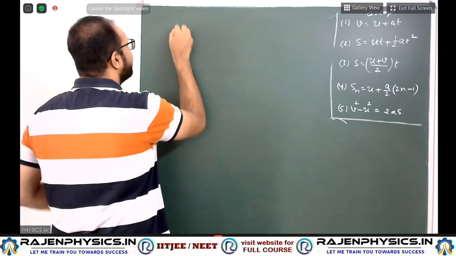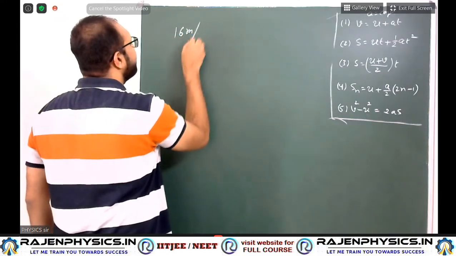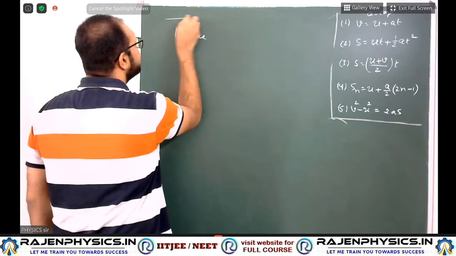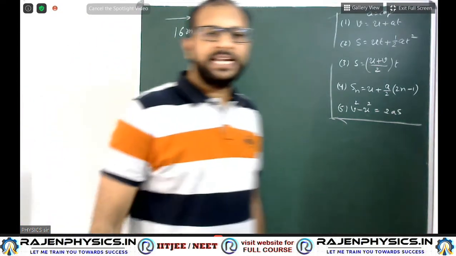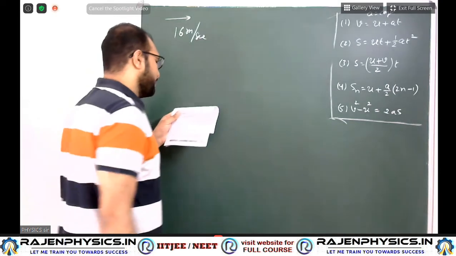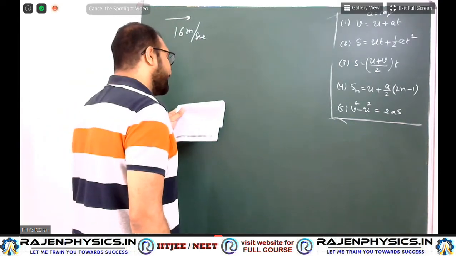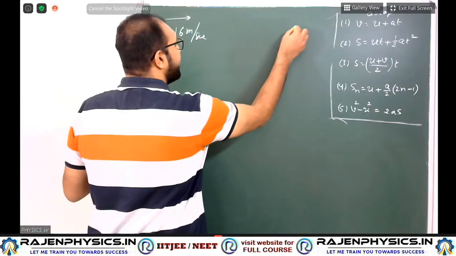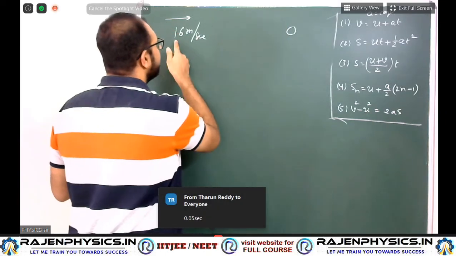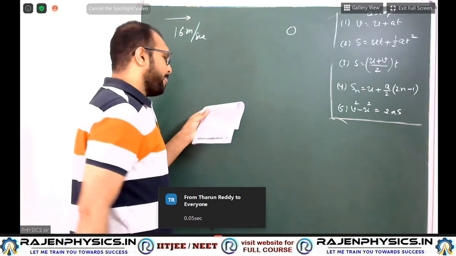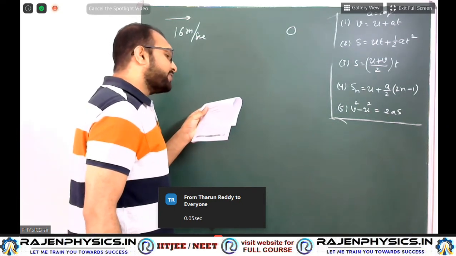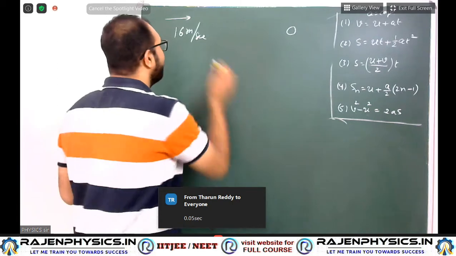Initial velocity is 16 meters per second. The bullet is now moving with 16 meters per second, penetrates a tree trunk, and finally comes to rest at 0, after traveling through 0.4 meters.